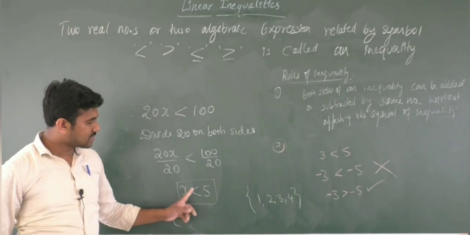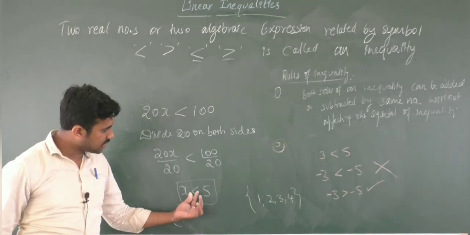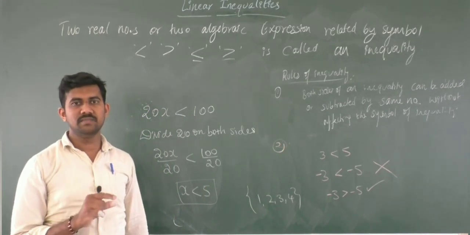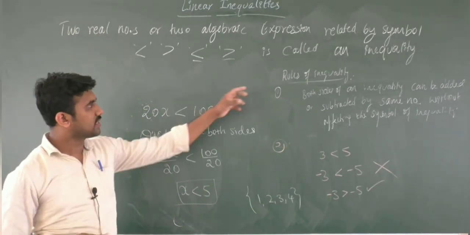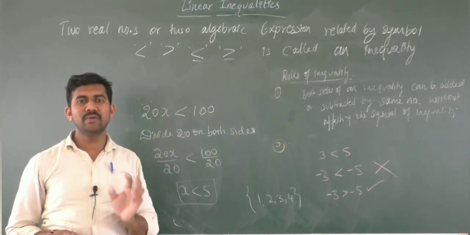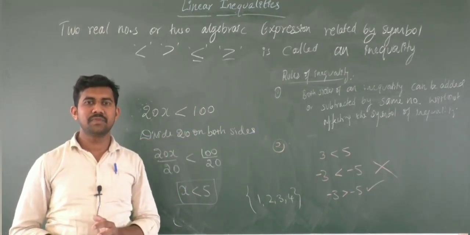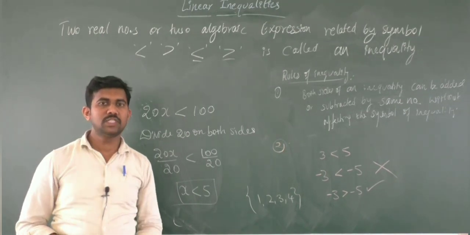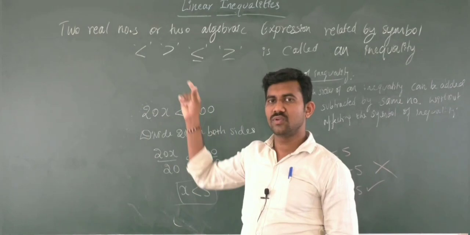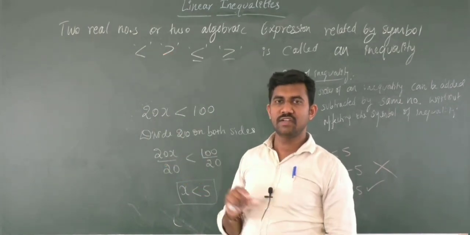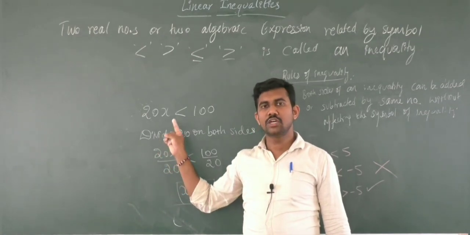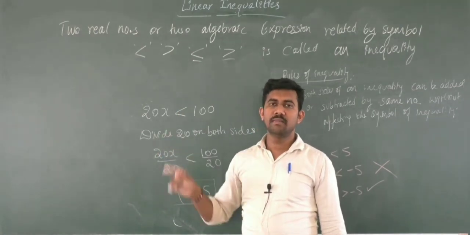So by using the rule of inequality, we can solve the given inequality very easily. Here first we are going to study how to find the solution of a given inequality in different cases, and after that we will see the representation of the solution on the number line.